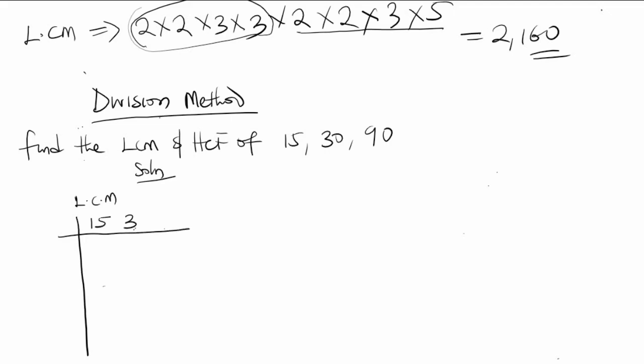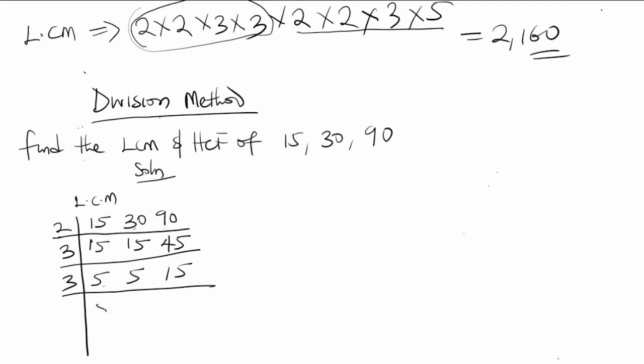This is 15, 30, and 90. 2 can't divide 15, so we put down 15. 2 will divide 30, this is 15. 2 will divide 90 to become 45. 3 will divide 15 to be 5, 5 and 15. 3 will go again. 3 will divide 15 to give you 5.